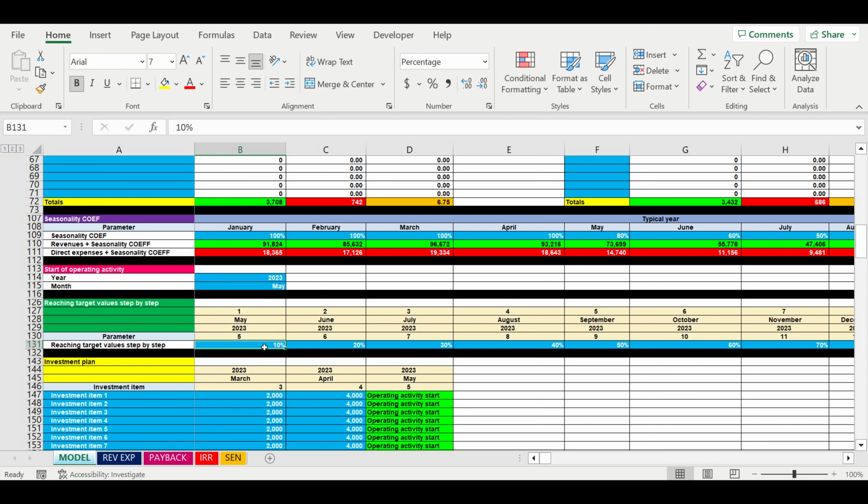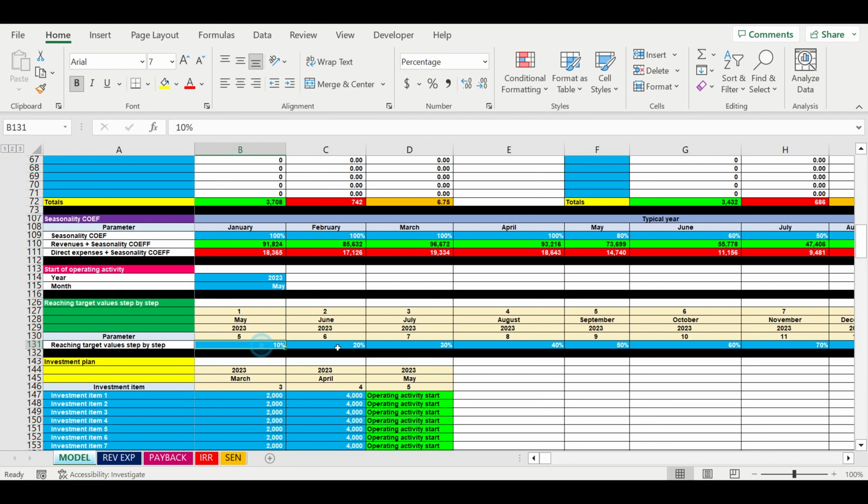For example, in May our target revenue is 73k, but during the first May, when we start operating activity, we will get only 10% of this value. So we will get around $7,000 revenue. And this is very important because this is the reality, first of all.